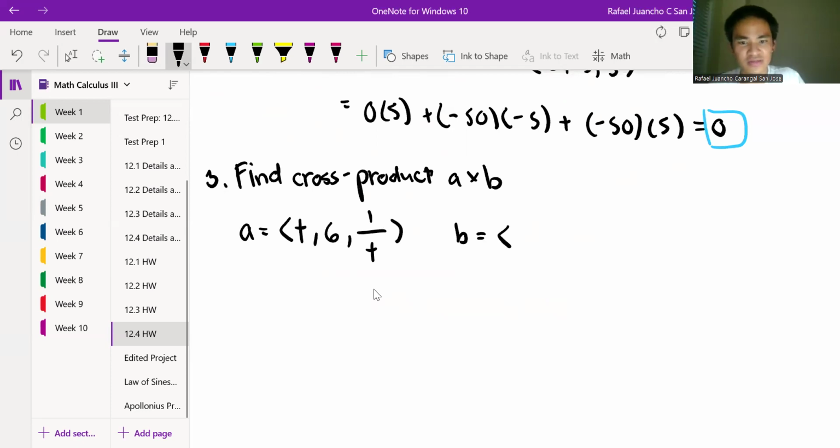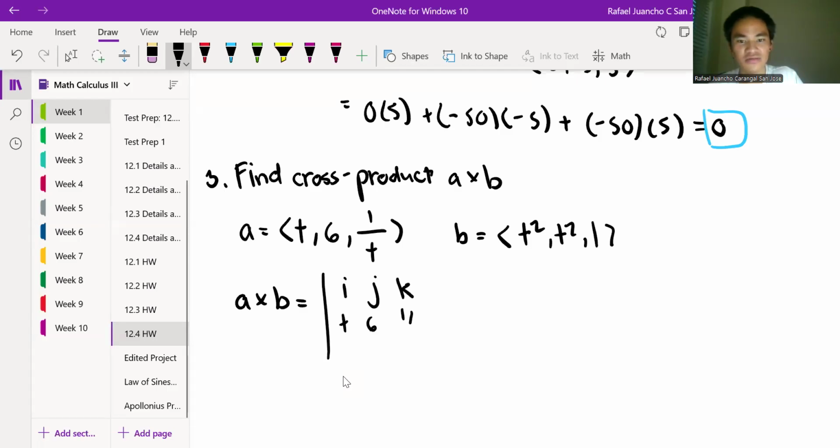For B, we're given t squared, 1. And we shouldn't really be too worried because we're just doing it like normal. We're getting their cross product. So i, j, k, t, 6, 1 over t, t squared, 1.